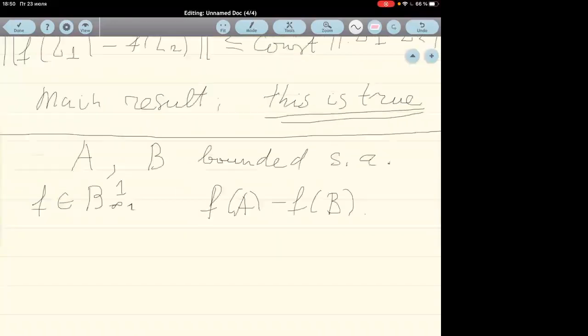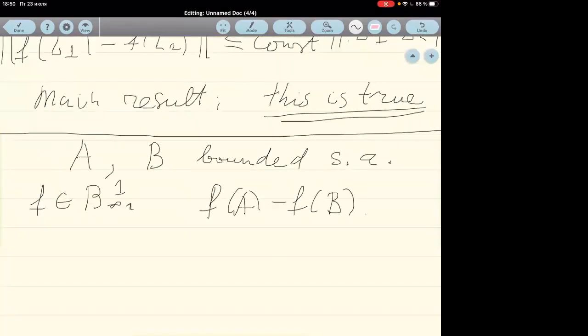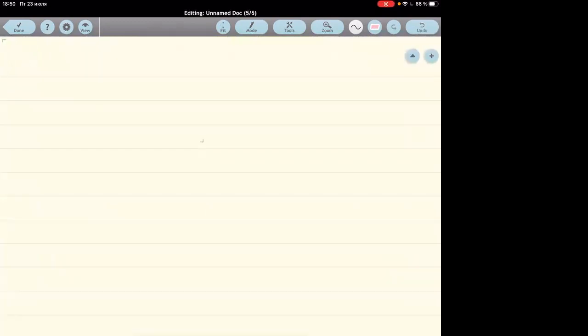Okay, let me first give a brief introduction to double operator integrals. What is that?